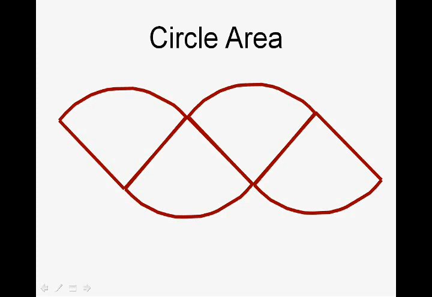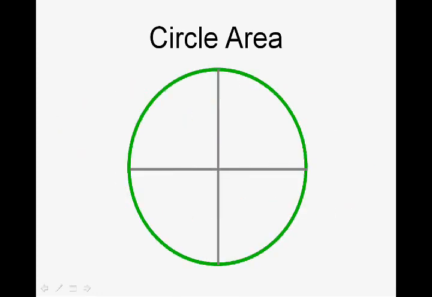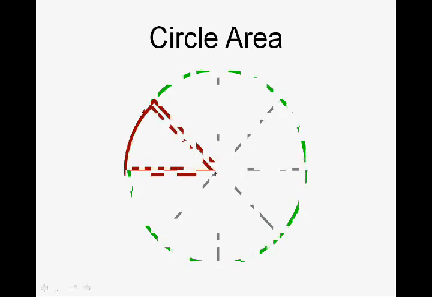Well, let's do that again. Instead of breaking it into 4 parts, consider breaking it into 8 parts and doing the same thing. Same circle now. Let's look at one of the parts and set it aside and kind of set it up in a position.